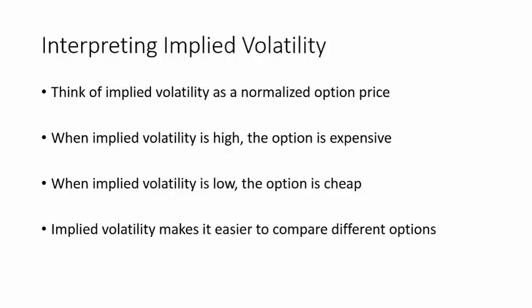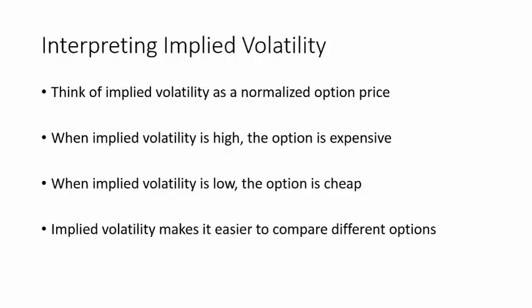This occurs because of that nice relationship between option prices and implied volatility, right? As option prices go up, implied volatility goes up, and as option prices go down, implied volatility goes down. So implied volatility is a way of measuring the price of the option.